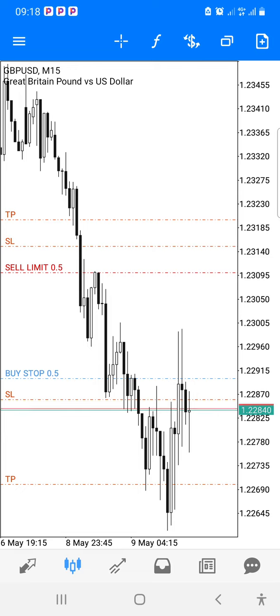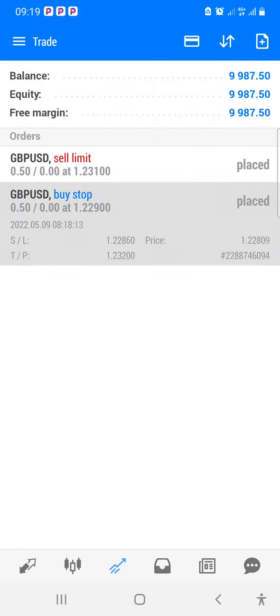If price keeps on going up, maybe to 1.2288, 1.2289, I'm not going to be in loss. The order is separate from the current market price. It is only when price goes up to the point I want that the SL and the order come into view. Take profit is still the same thing. So I'm going to cancel that buy stop.